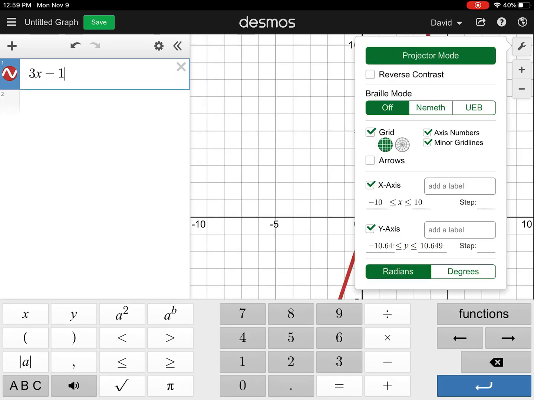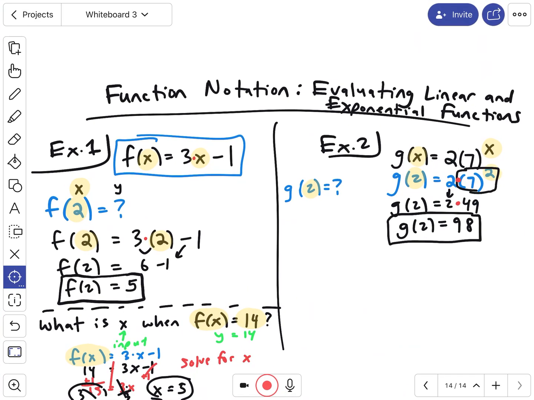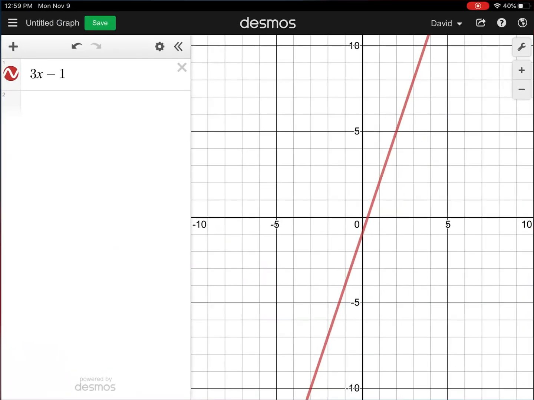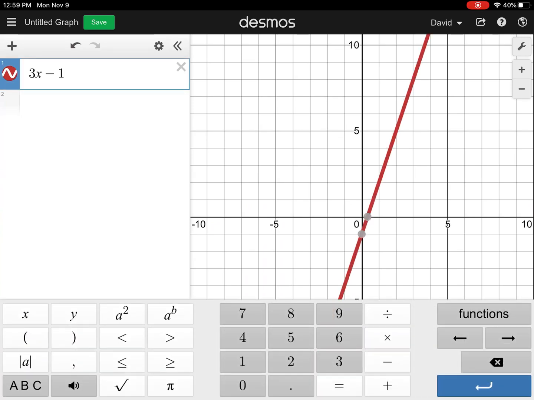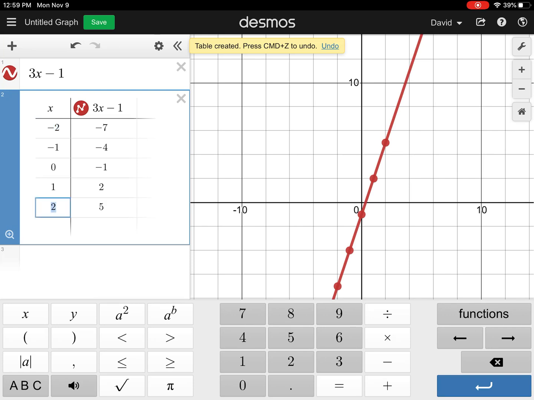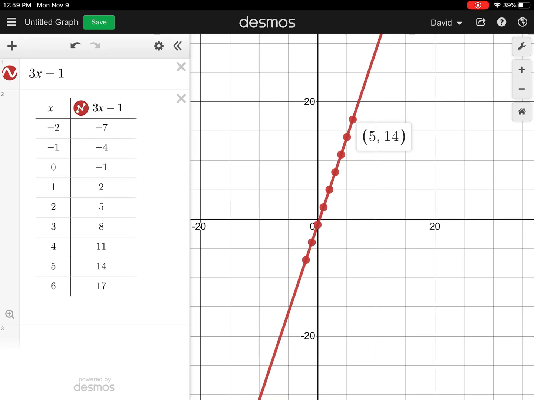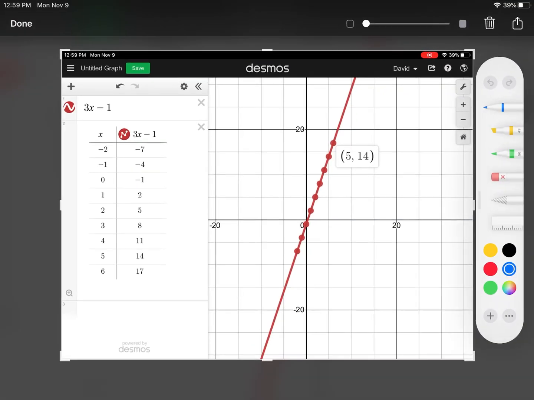And then what I'm going to be looking for is when y is 14. What is the x when the y is 14? So I could pretty much put this in here. Here's my points. All right, so there it is. This point right there, when y is 14, x is going to be 5.